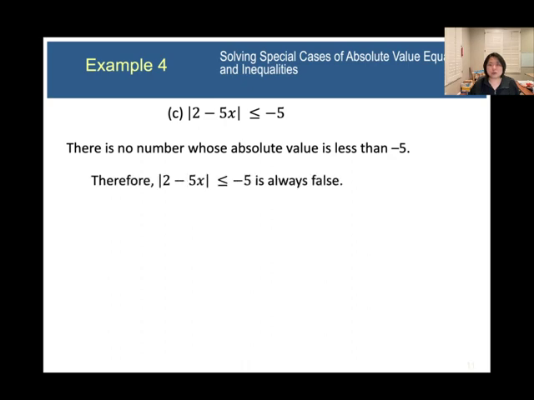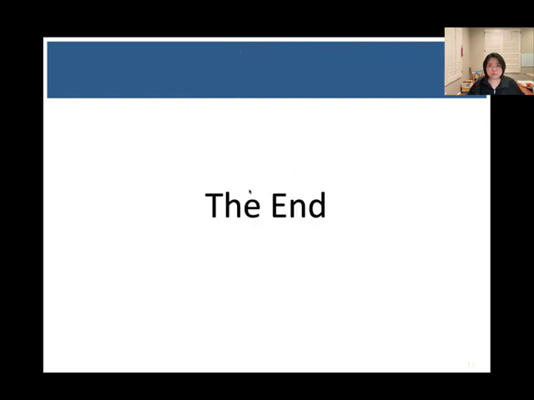So this statement is always false. No matter what you put for x here, this number will be positive, and it's impossible for a positive number to be less than or equal to a negative number. Okay, so the solution set will be the empty set, meaning no solution. That's it.